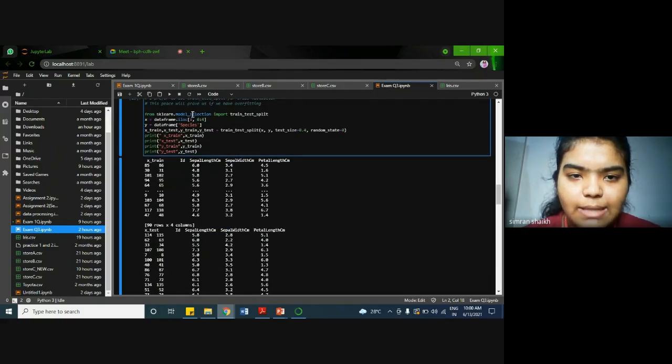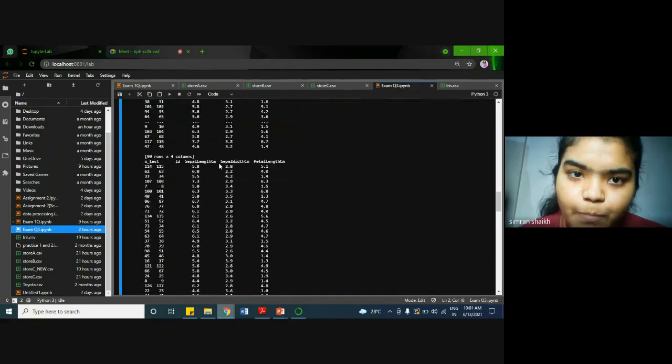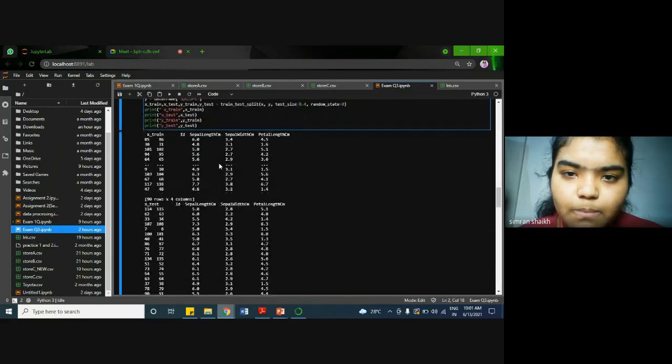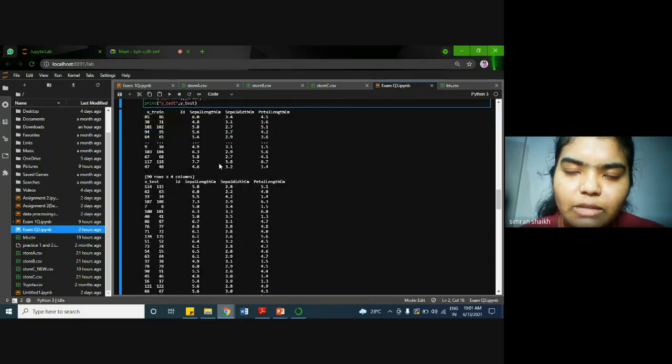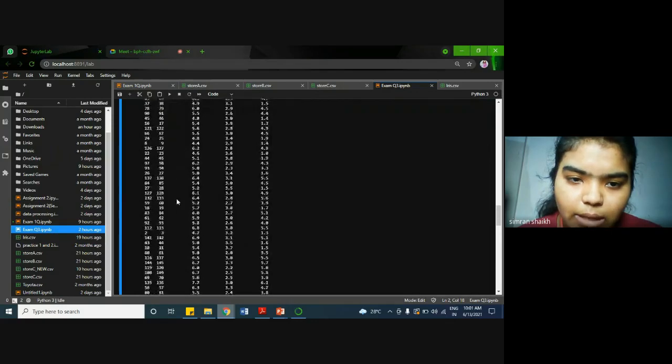So from sklearn model selection, it is the train test split. So we are splitting the data set, and it is used when you have to make changes in the data set. So right here we are changing the data set.